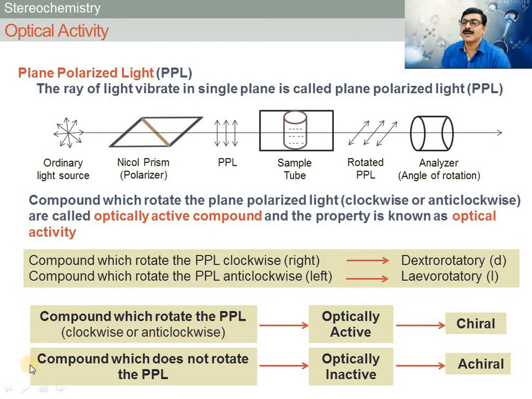In contrast, a compound which does not rotate plane polarized light is optically inactive, and such a compound is achiral, means the compound does not contain an asymmetric carbon atom, so such a compound is optically inactive and does not rotate the plane polarized light. So this is optical activity.